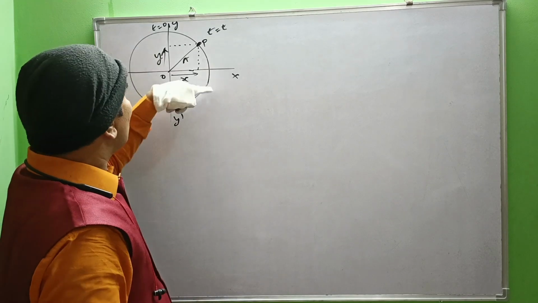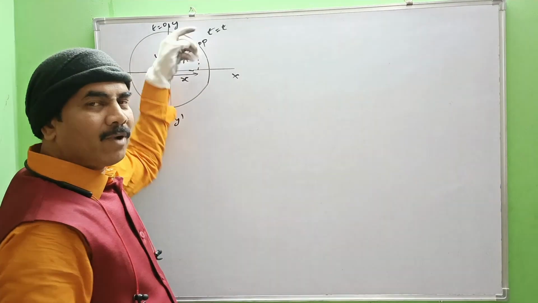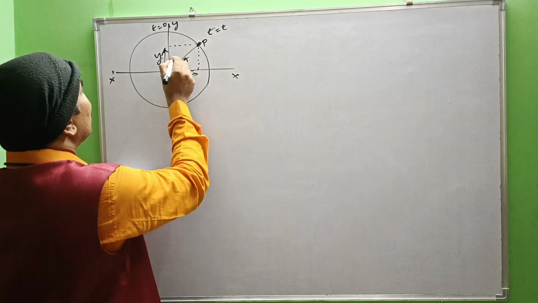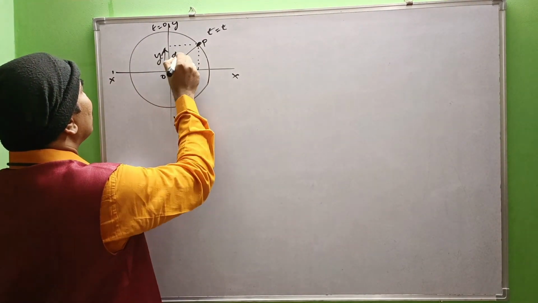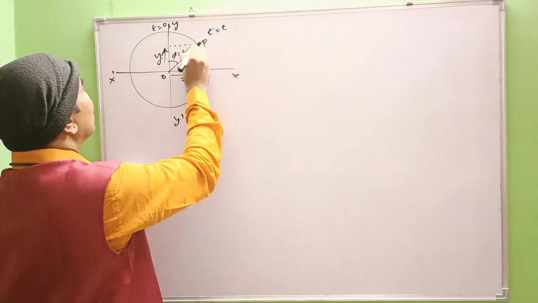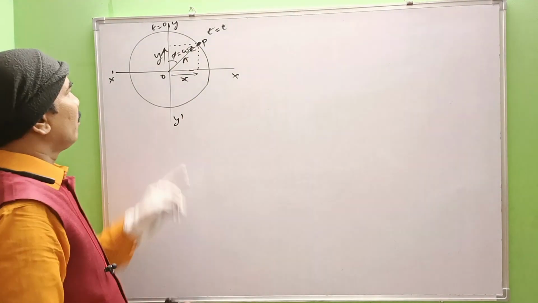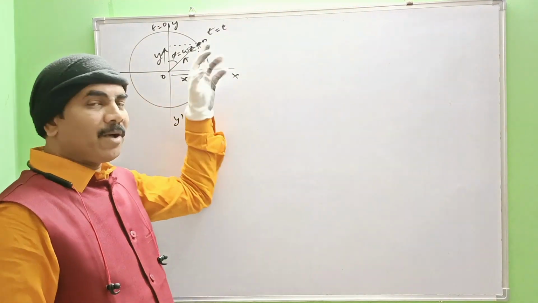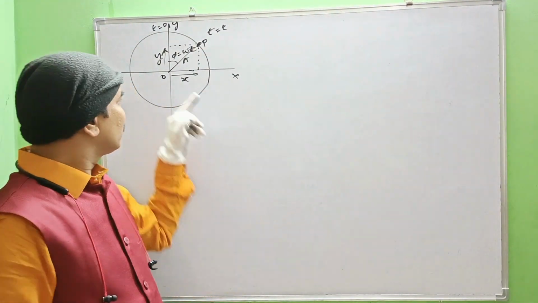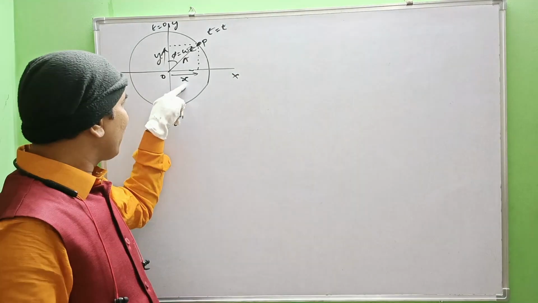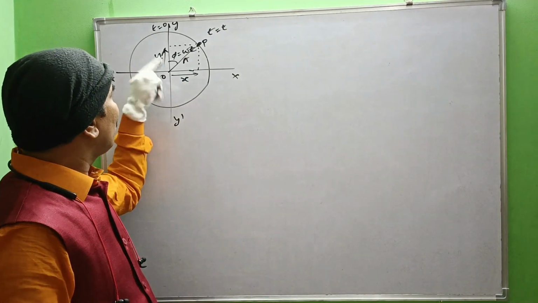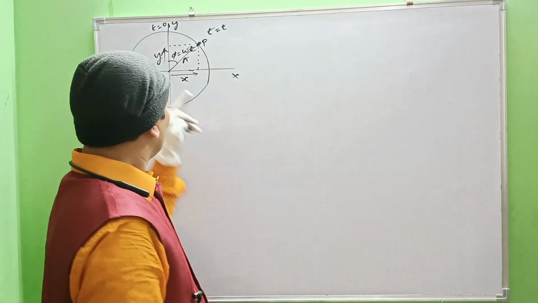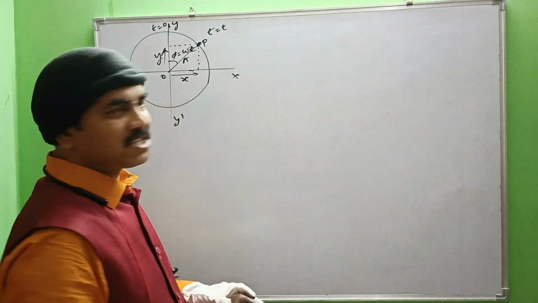Now within the time interval 0 to t, what is the phase angle acquired by the particle? That is theta or phi equal to omega t. So simultaneously the particle possesses two displacements, one along x and another along y, in two mutually perpendicular directions.